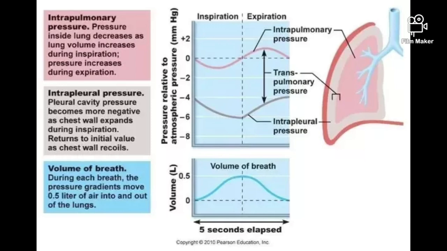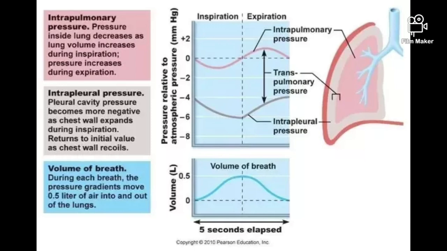Pulmonary compliance is the total compliance of both the lungs. It is a measure of the extent of lungs expanding for each unit increase in transpulmonary pressure. Here again, I will recollect what transpulmonary pressure is.